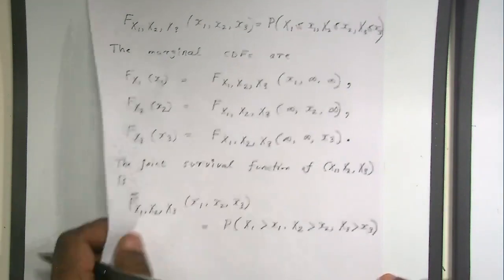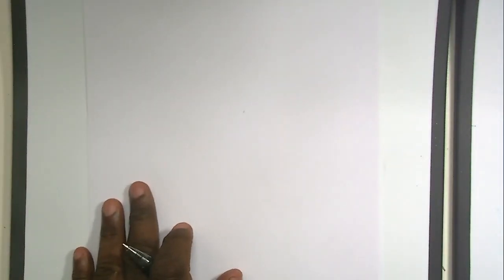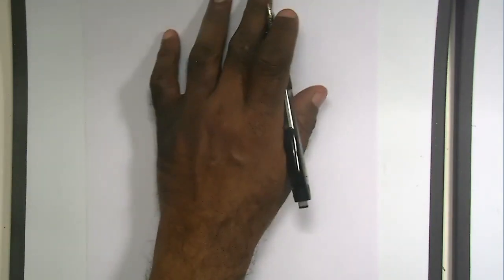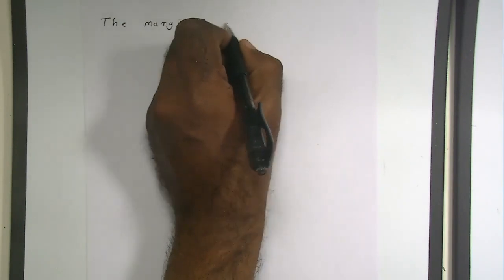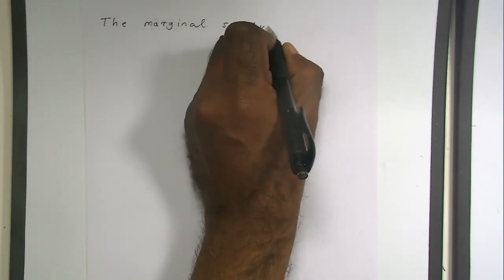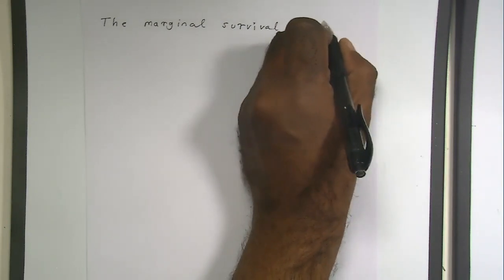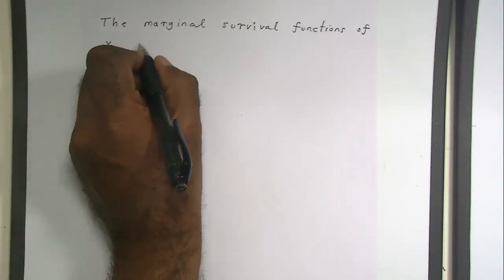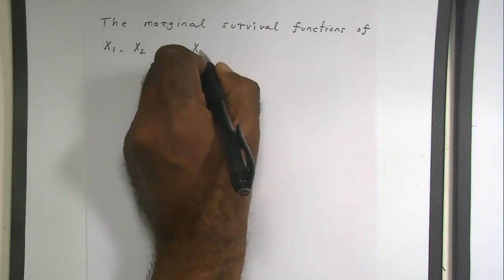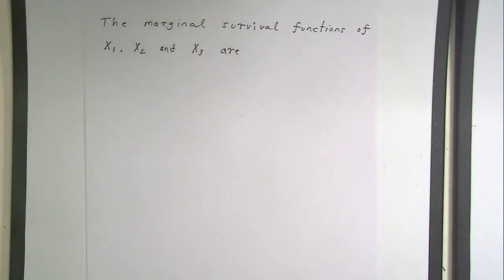Okay, and once again the marginal survival functions of X1, X2, and X3 are as follows.